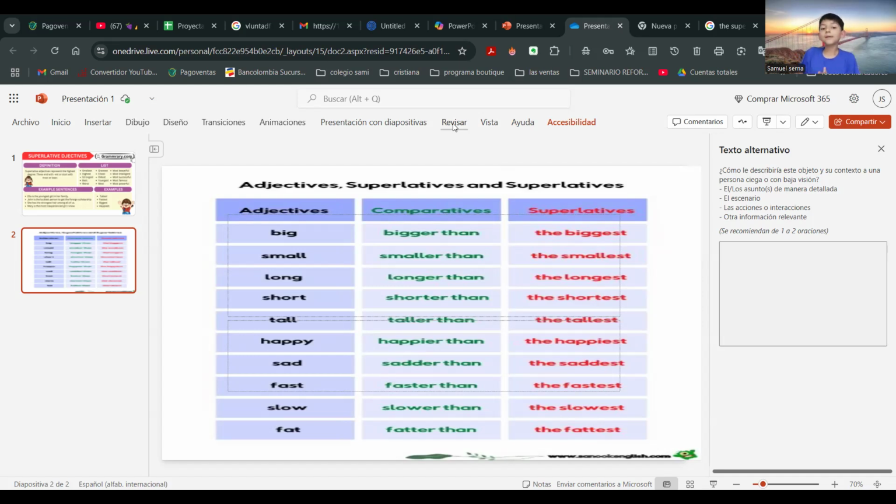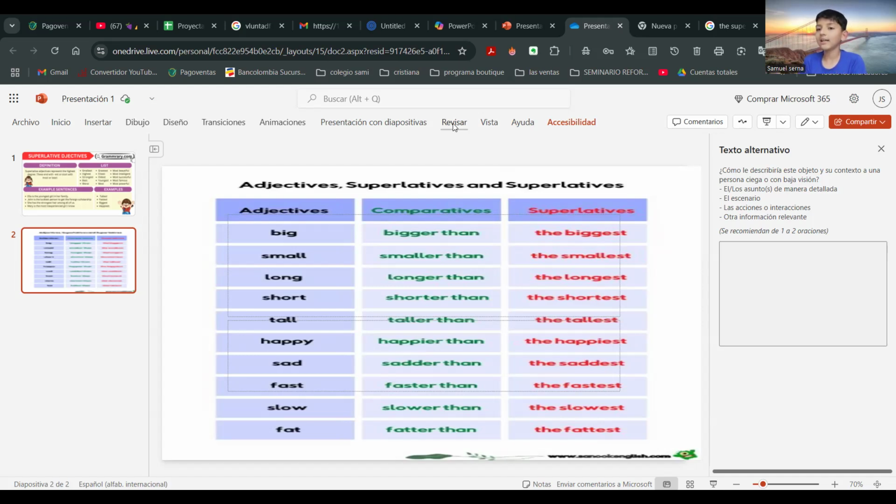I can say "he is bigger" in the comparative, but in the superlative, "he is the biggest". Bigger, biggest. It's different.